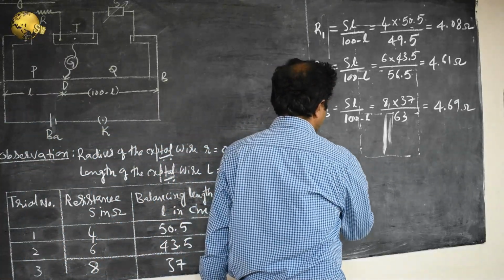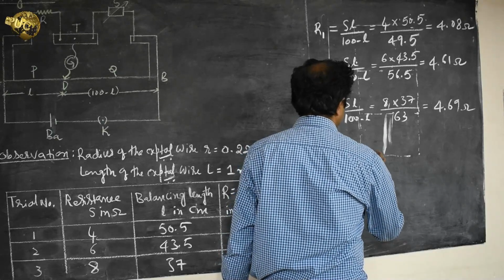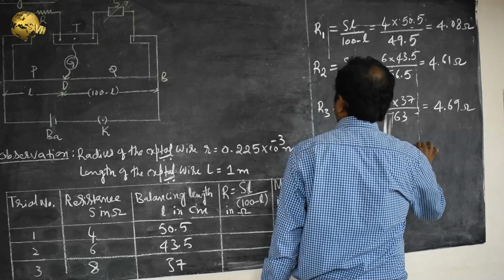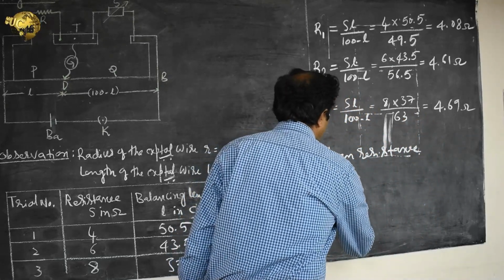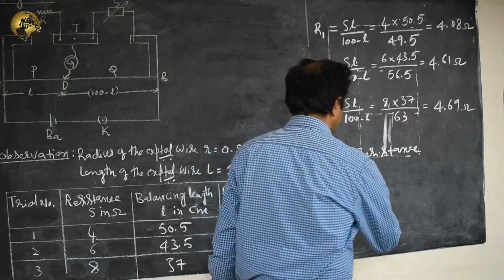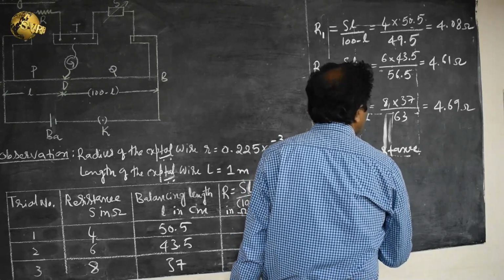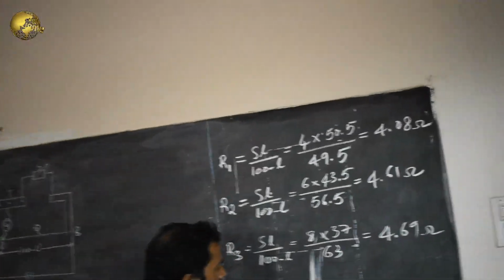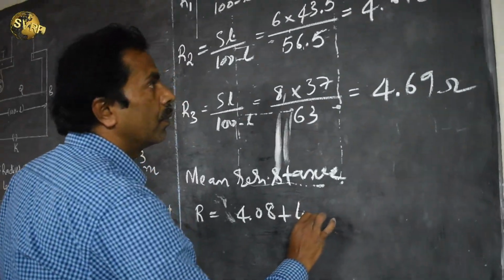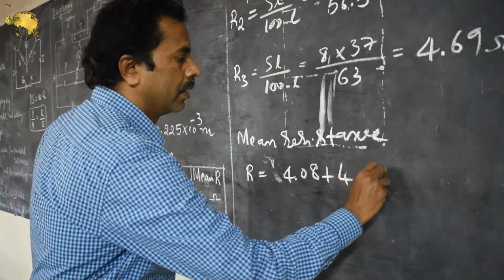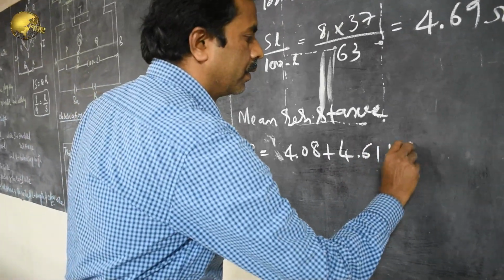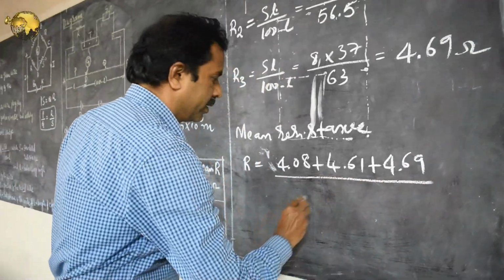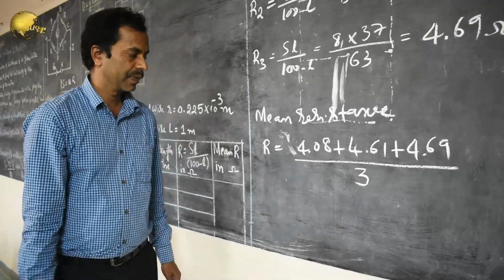Mean resistance R is equals to the sum of all the trials, 4.08 plus 4.61 plus 4.69, all divided by the number of trials, 3.